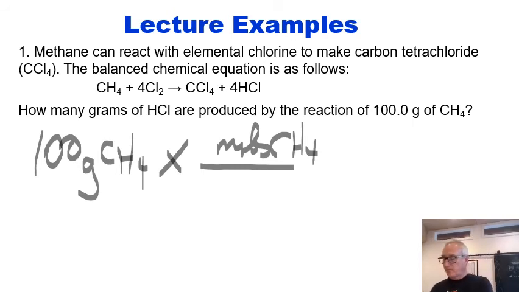So if I have 100 grams of CH4, how many moles is that? I figure out I have 1 mole of carbon, that's 12.011 grams. I have 4 moles of hydrogen atoms, those are 4 times 1.008 grams.